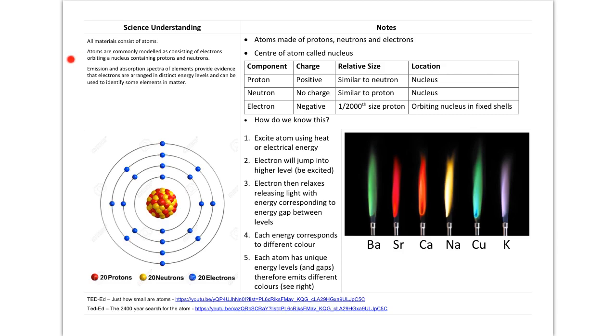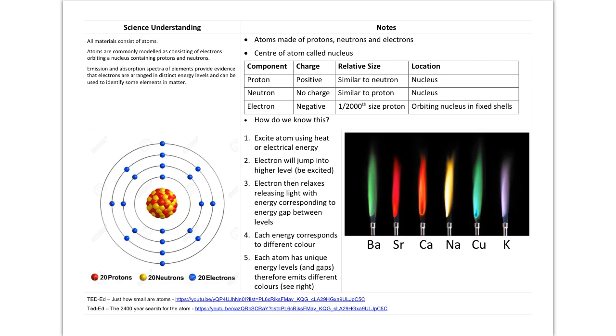Atoms are commonly modelled as consisting of electrons orbiting a nucleus containing protons and neutrons, and emission and absorption spectra of the elements provide evidence that electrons are arranged in distinct energy levels and can be used to identify some elements in matter.